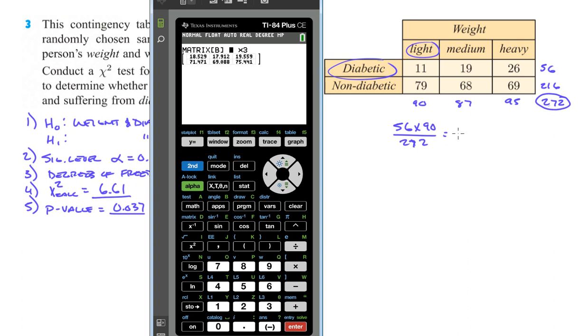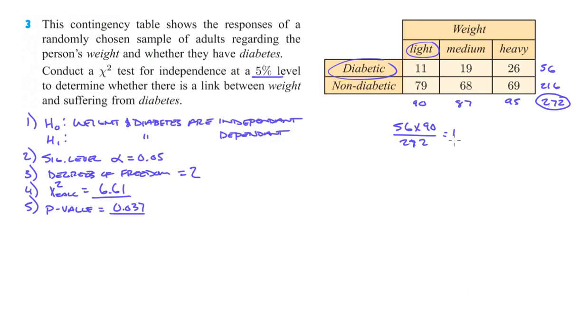We didn't write it down from when we hand calculated, but that's what we had. 18.529 is supposed to be that spot there. This is the observed table, but the expected values table would be 18.529.